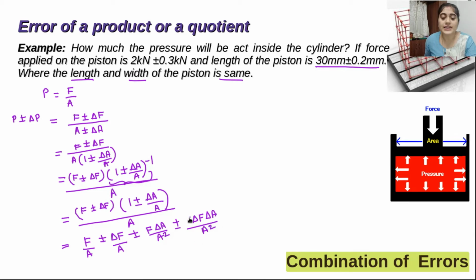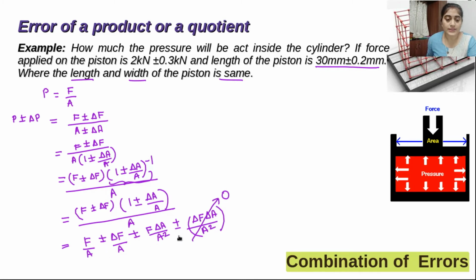And this last quantity is very less because delta F is very less, as it's the error, and delta A is also very less and is divided by A square, so it is very less in comparison to these three quantities. So I am just taking it as 0 because it goes to 0.